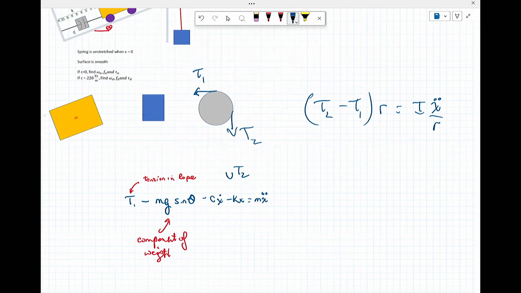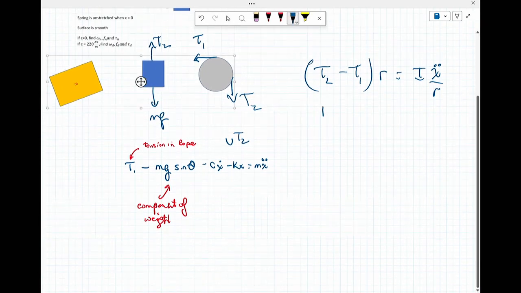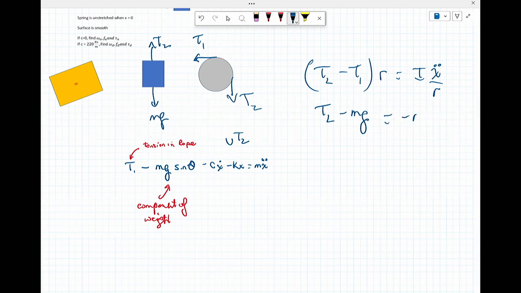T2, mg, and I have T2 minus mg equals minus mx double dot. So it's moving down, with an acceleration downward, looking at the system I've defined. Okay, T2, I think that's everything.